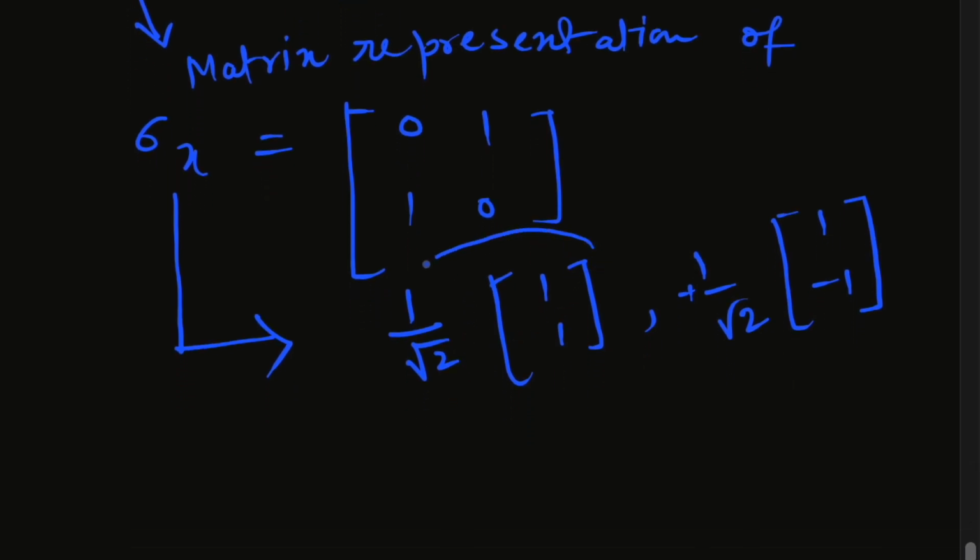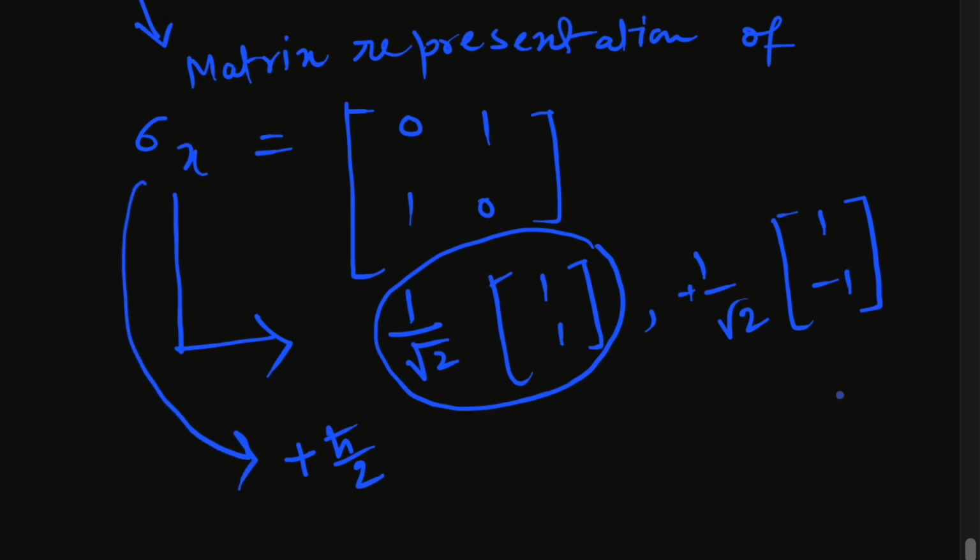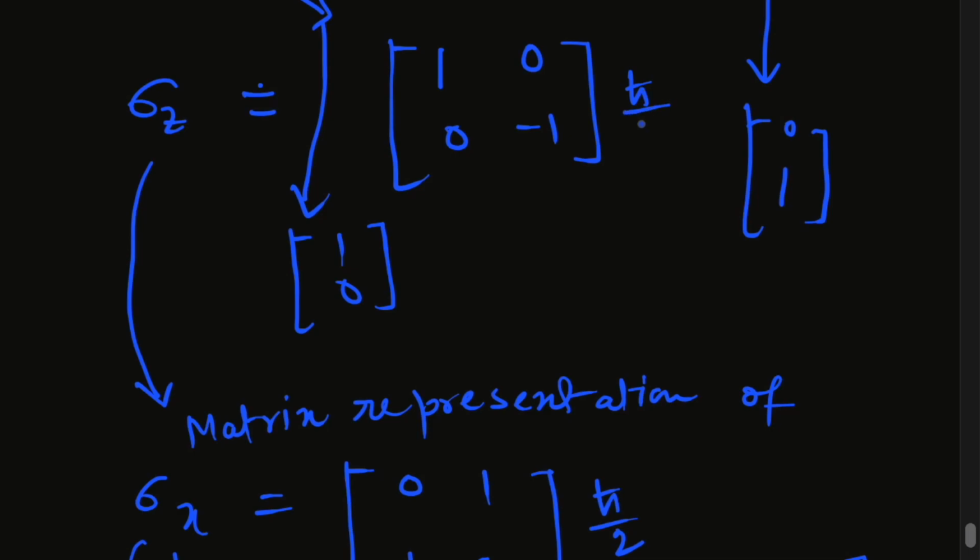These eigenstates correspond to the eigenvalue plus h cut by 2 when we measure the x component of this spin, and we will get minus h cut by 2 when the state will be in the other eigenstate.